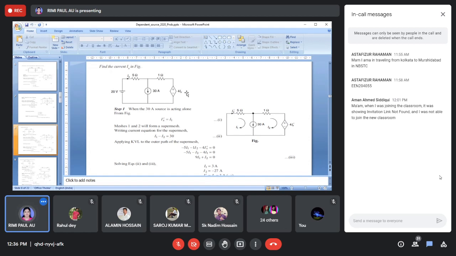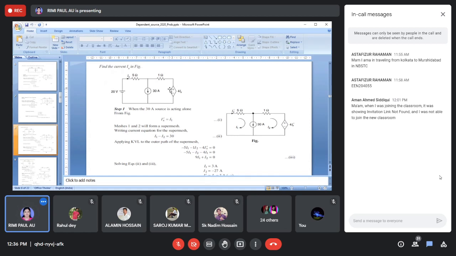No. Why? Because this source depends on this branch current. When this branch current is 0, then I can say this source is not active. But if this branch current is present, then you cannot remove this source.